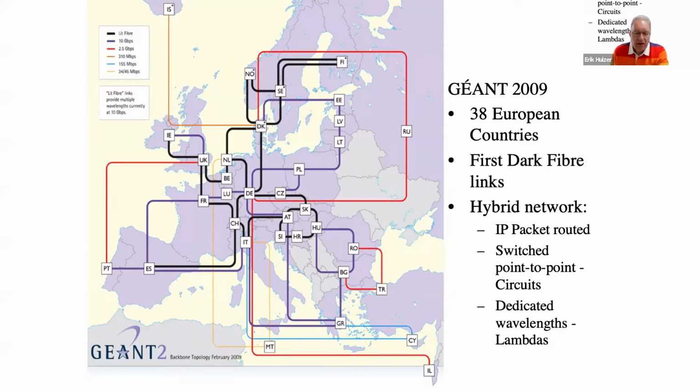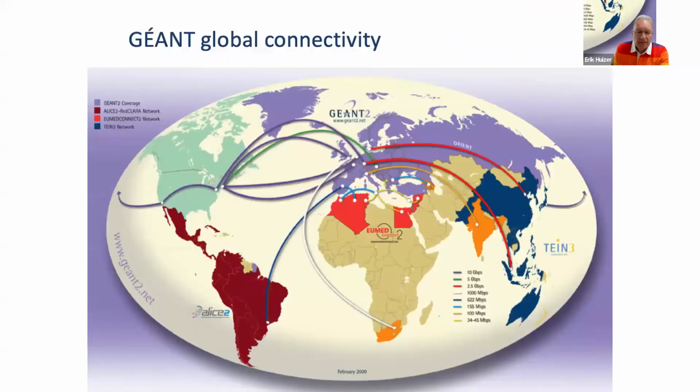In the southern and eastern part of Europe, there was little competition, more monopolies, and therefore dark fiber was unaffordable. And at that time, under the GN project, we started to build the links from Europe to the rest of the world, to Southeast Asia, India, Africa, and North America, and through North America to South America.